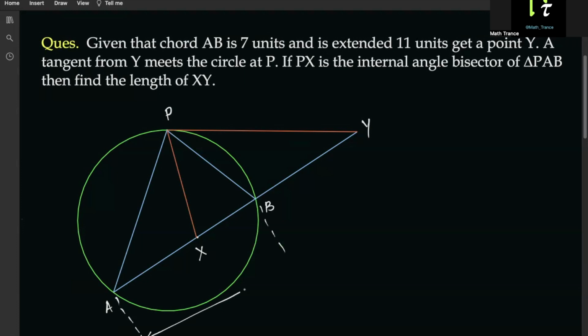So this is given to be 7 units. Then this chord is extended 11 units, so it is extended by 11 units to get a point Y. A tangent from Y. So this is basically a tangent.